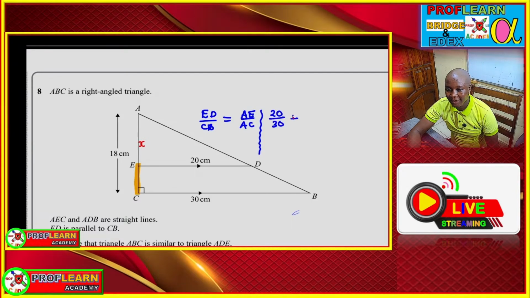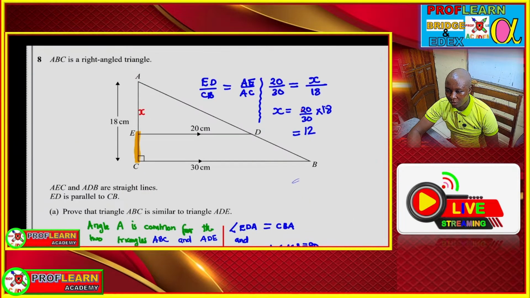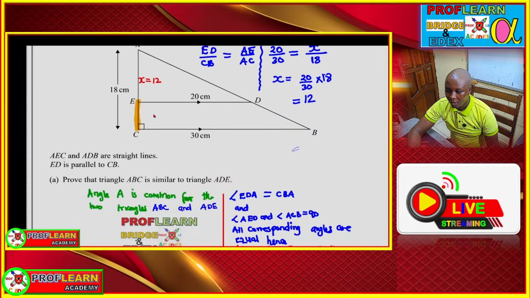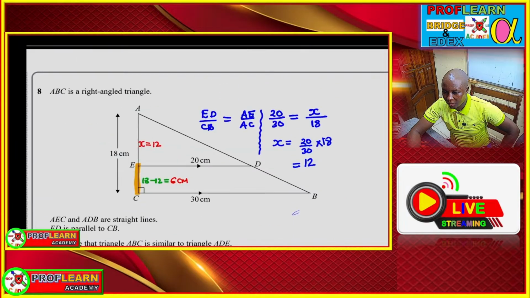ED is 20 centimeters, and we have AE as X, then the other part is 18, not minus, it will be 18. Making X the subject of the formula, we get X being equivalent to 12. So X is 12, then the part here will be 18 minus 12, meaning that EC is equivalent to 6 centimeters.